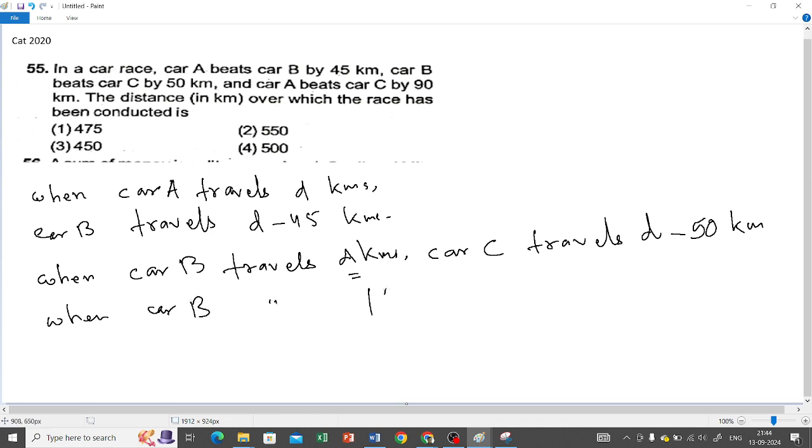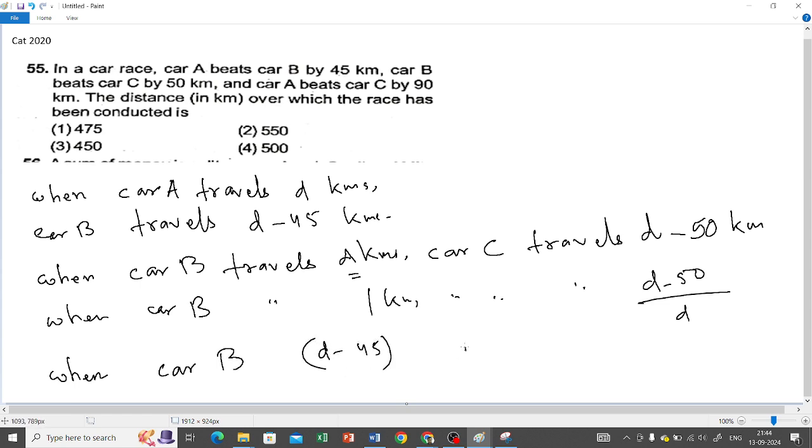When car B travels 1 kilometer, car C travels (d minus 50) by d kilometers. When car B travels d minus 45 kilometers, car C travels (d minus 50) by d into (d minus 45) kilometers.